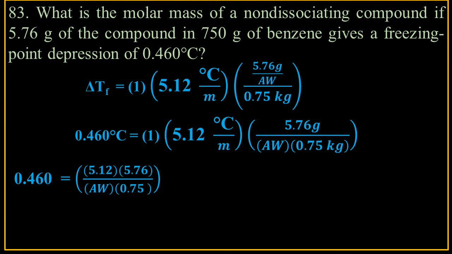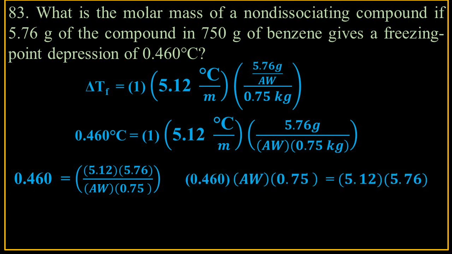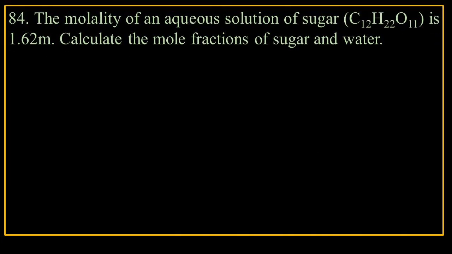So you're going to say 0.46 times AW times 0.75, and then 0.75 times 0.46. I'm just showing you the math here. Make sure you can do this by yourself. Try to make this calculation yourself. So the atomic weight is 85.5. Now that could be molecular weight, formula weight, whatever. I just say atomic weight as a general term.